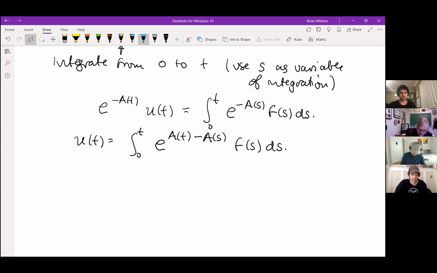Okay, so now it's not so much of a stretch, right? Now this is looking like the Green's function we had before. We got t instead of x. That's the only difference. So here's the Green's function. Again, it's the map of how the forcing affects the solution.